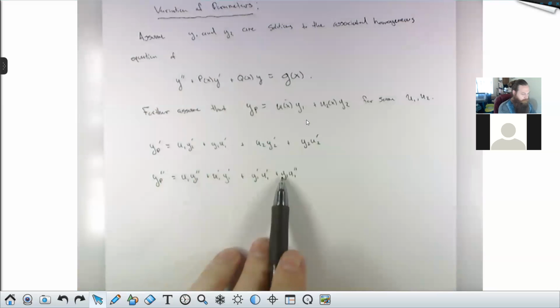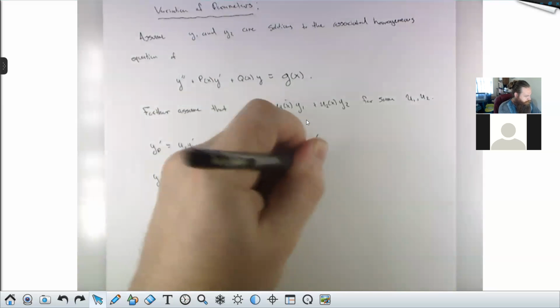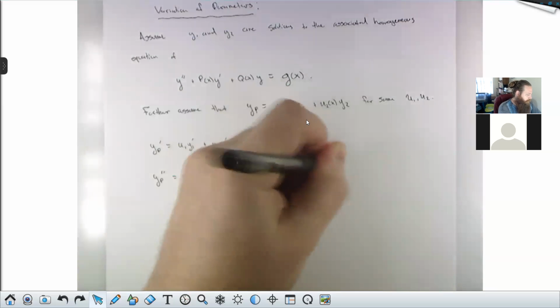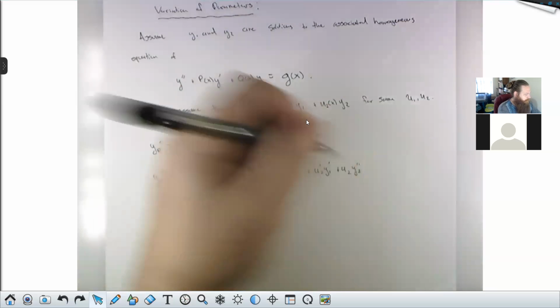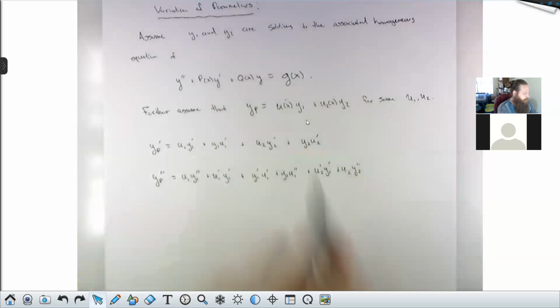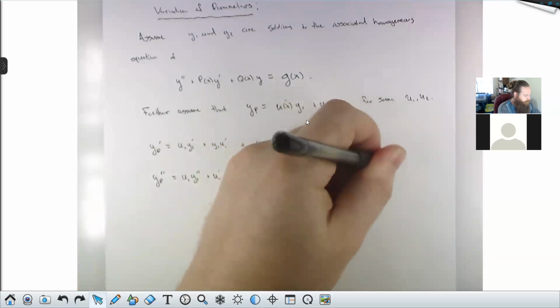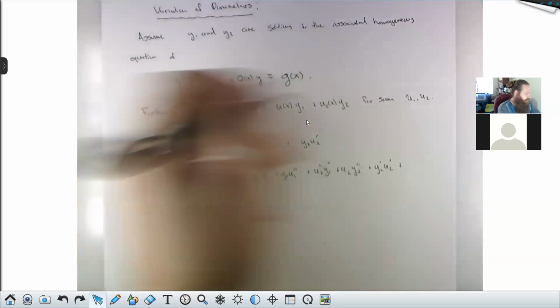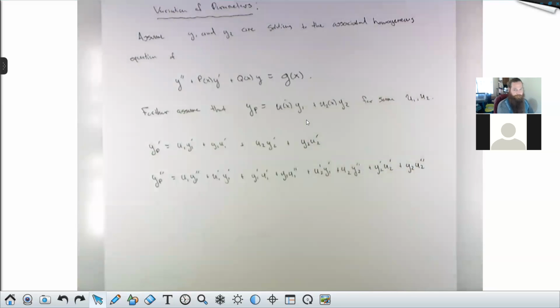That's the product rule applied to this. Plus u2 prime y1 prime plus u2 y2 double prime. Product rule applied to this. Plus y2 prime u2 prime plus y2 u2 double prime. Lots and lots of terms there, right? Eight terms altogether in the second derivative.